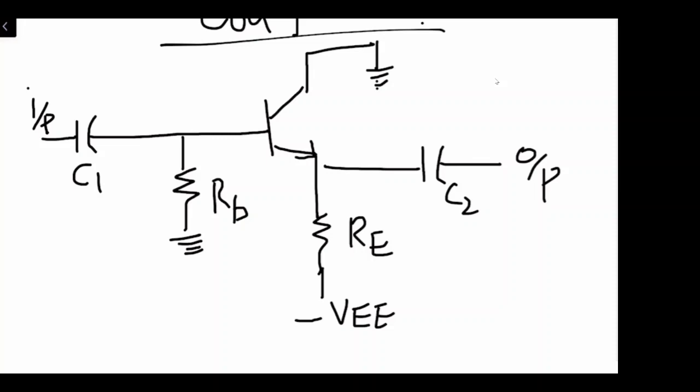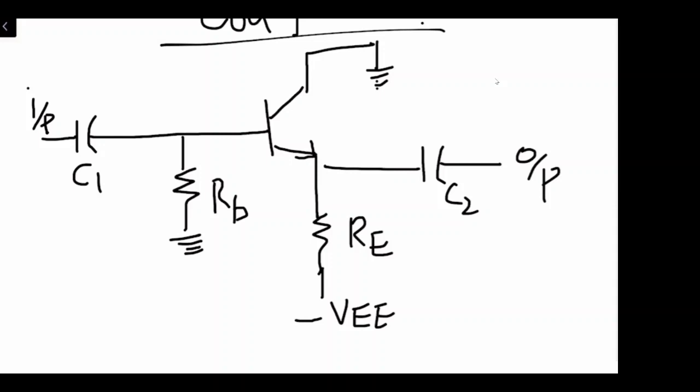Now, as we are doing the DC analysis of the circuit, we are going to make it a DC circuit. And for making it a DC circuit, this means we are going to take the input capacitor as well as the output capacitor out from the circuit.